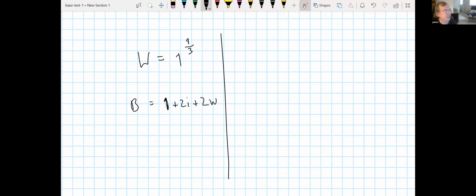I don't know if I can do this on the spot, but this number 1 plus 2I plus 2W that I'm calling B, this is somehow related in some funny way to this thing 2 plus radical 3. Are these maybe just differing by a unit or something, by a 12th root of unity? I'm not quite sure, but they're related in some way.